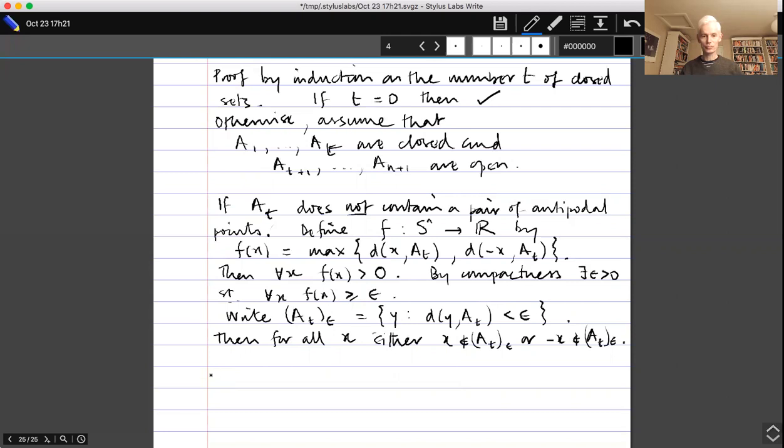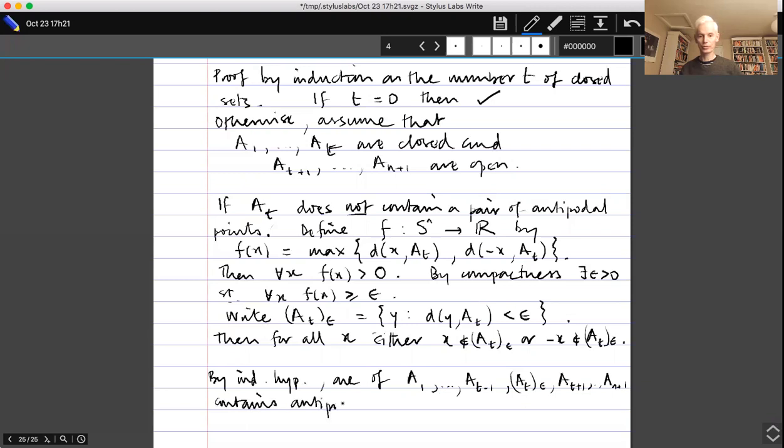So by the inductive hypothesis, one of A1 up to AT minus 1, so only T minus 1 closed sets, and then AT epsilon, AT plus 1 up to AN plus 1 contains antipodal points. And it's not AT epsilon, so I can just cross that out. So it must be one of the other sets.